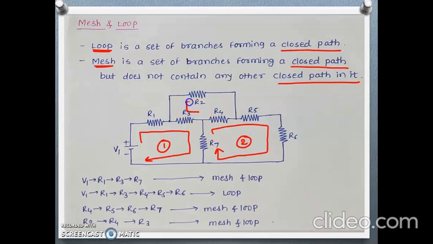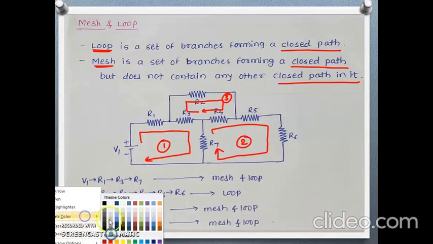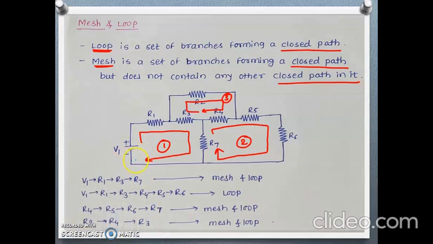And starting from this R3, R2, R4 and again back to this R3 is the third. And starting from this V1, then through R1, R3, R4, R5, back to this V1 is the fourth closed path.